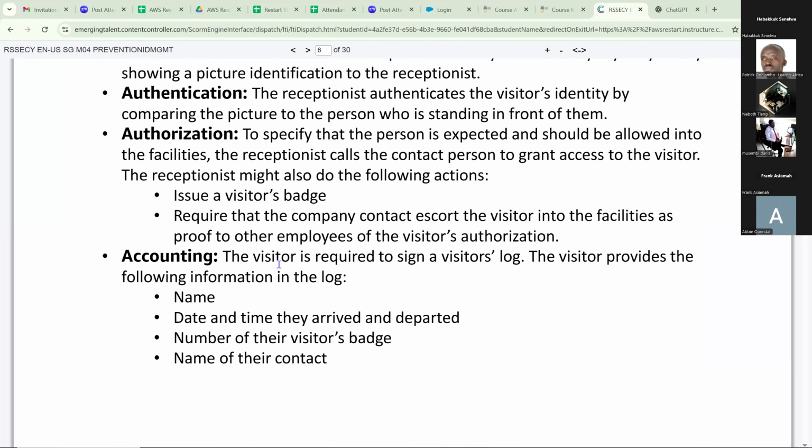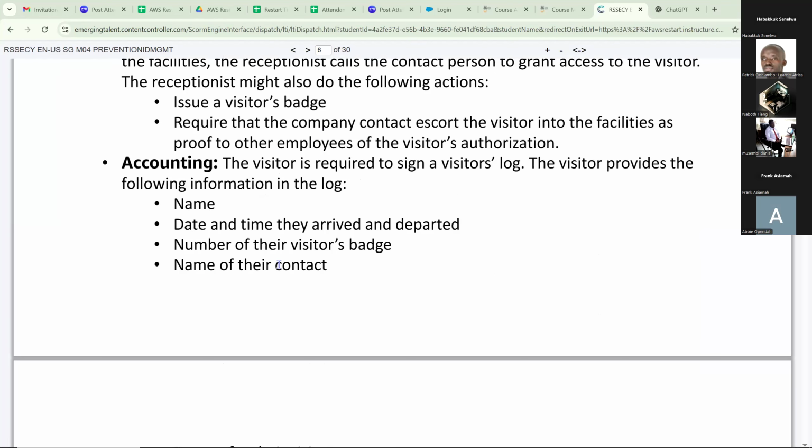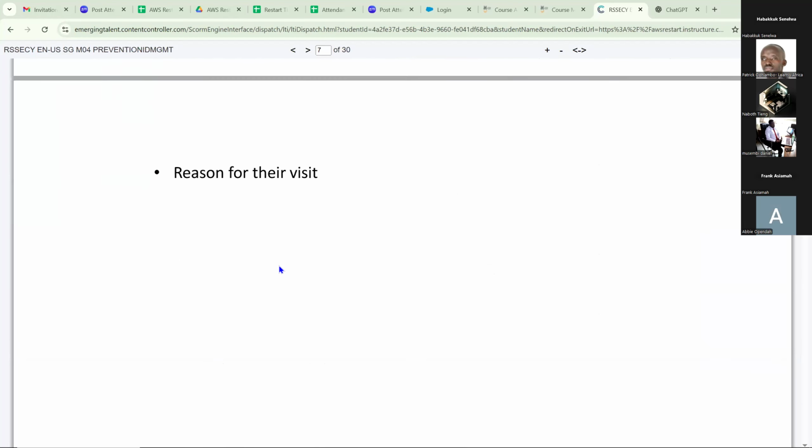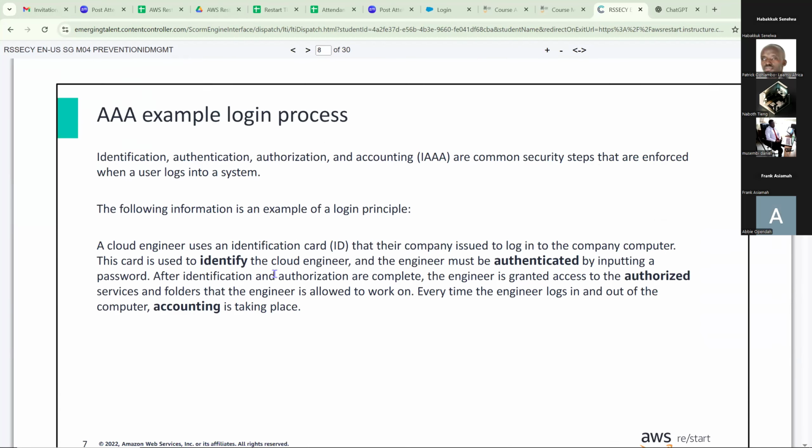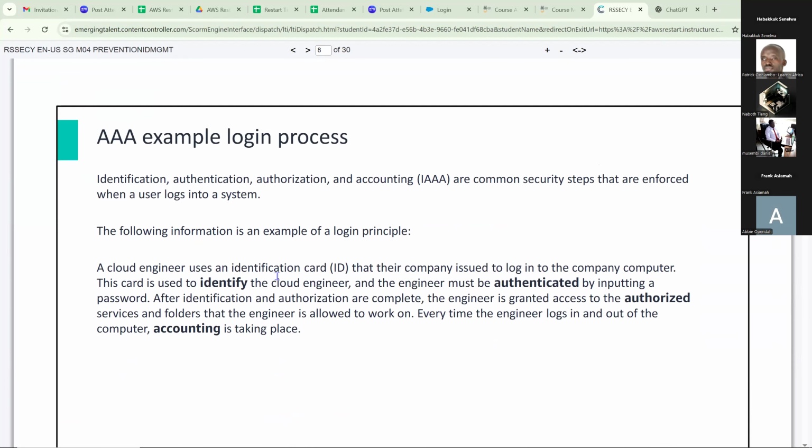So this one is for you to read. So you will be able to read all of these. It just reiterates the things that we have discussed about the AAA. So we have an example. AAA example login process. So identification, authentication, authorization, and accounting are common security steps that are enforced when a user logs into a system.